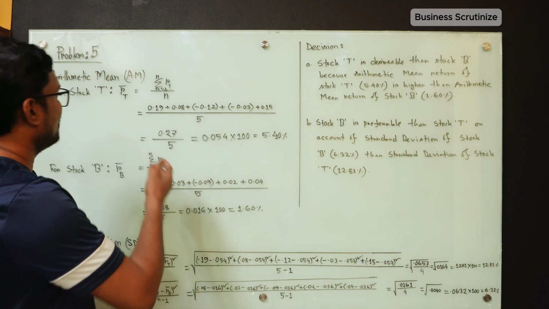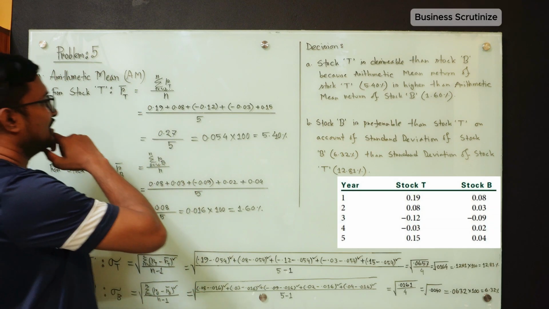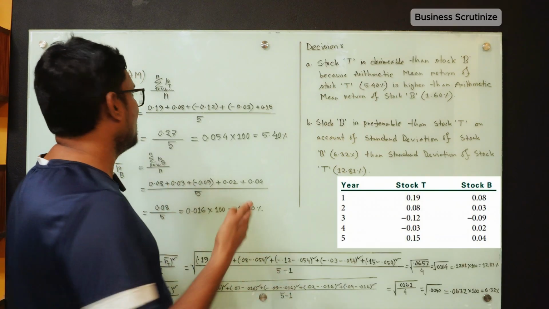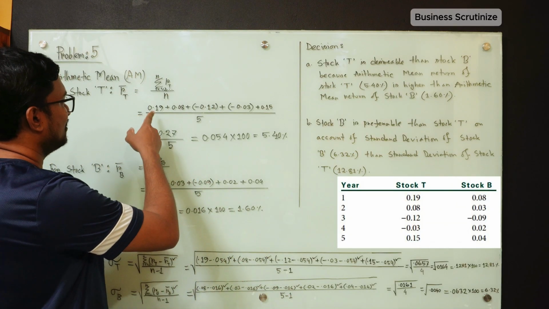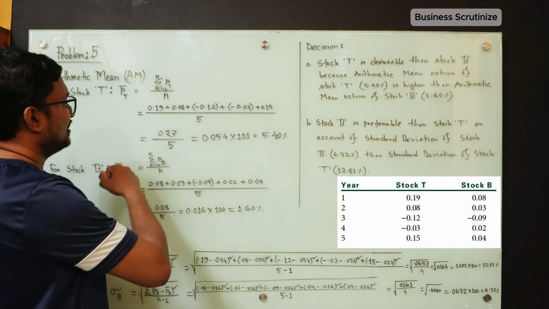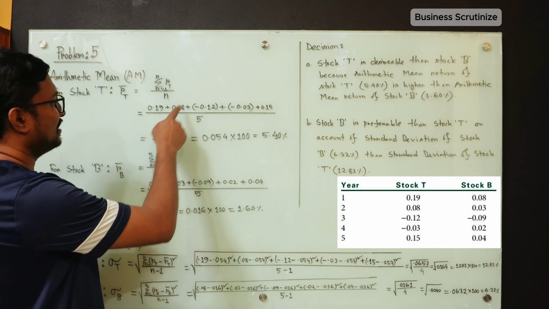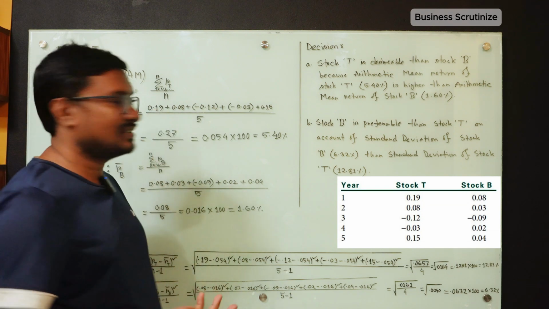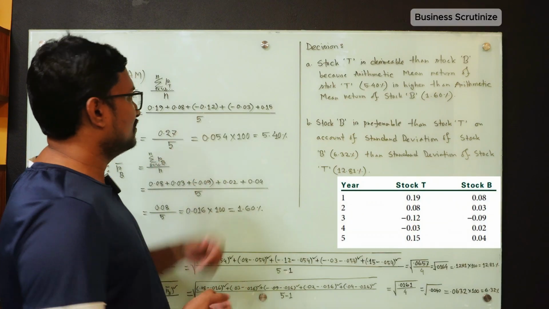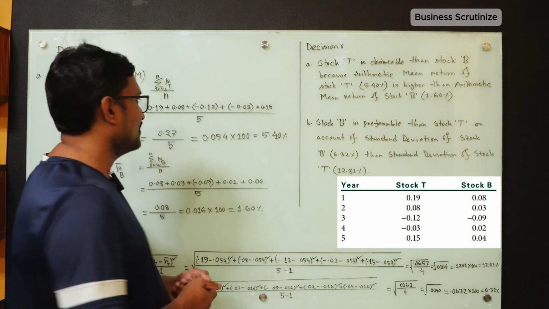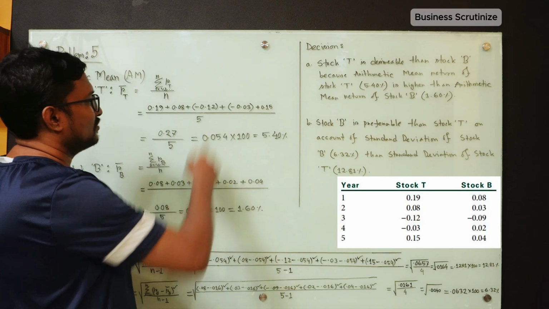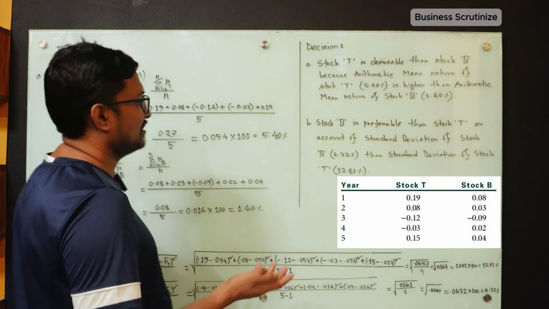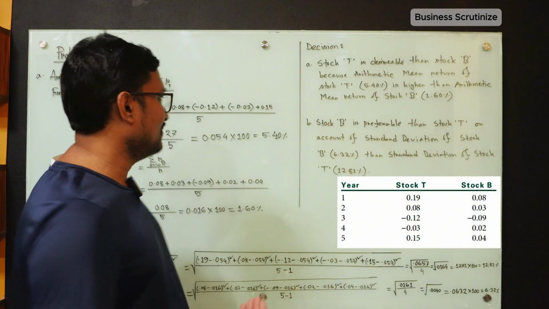So here we are given a total of 5 years of data on the return of stock T. You can see 0.19 is the first year return, and 0.08 is the second year return, and in the third year minus 0.12, a negative return, and then the fourth year it is minus 0.03, and in the fifth year it is 0.15.